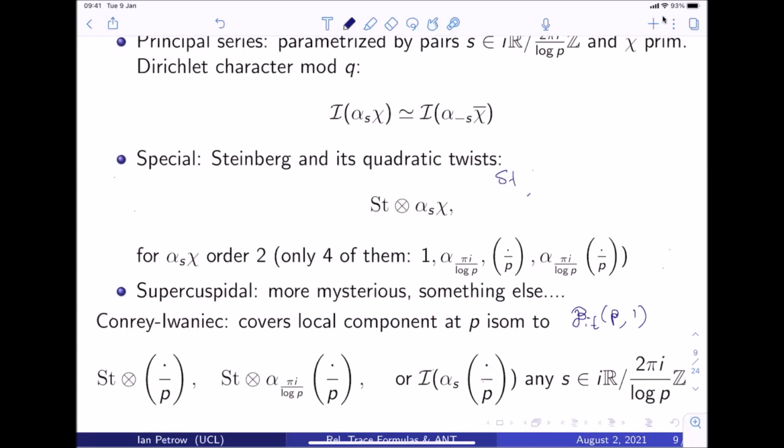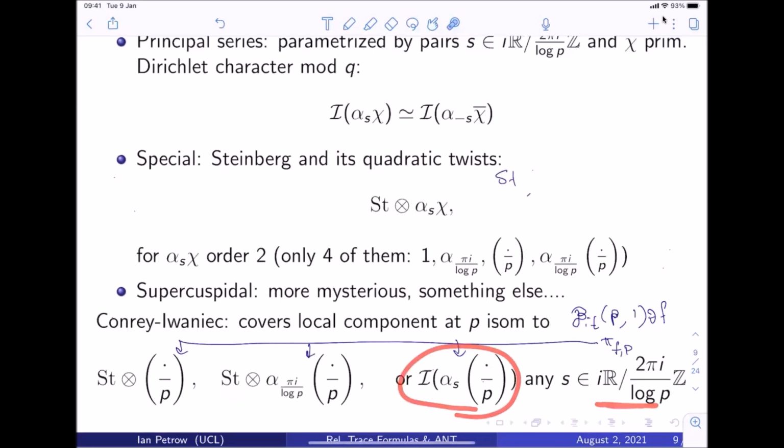So if I take an f in here and I look at the associated representation pi_f and I look at its p component, this p component is one of these three things. It's either this Steinberg twisted by the Legendre symbol, or it's Steinberg twisted by this other quadratic character, or it's on one of these circles worth of principal series representations.